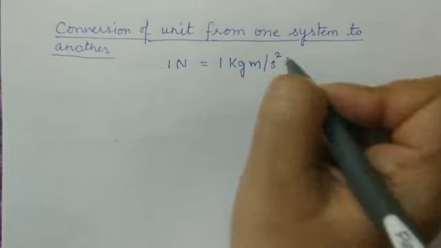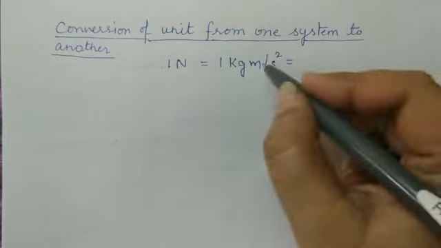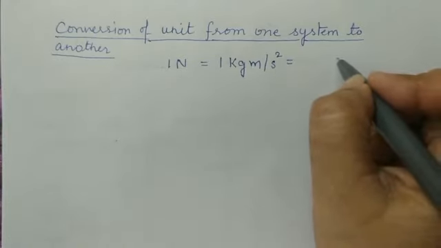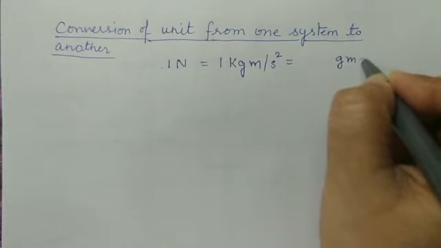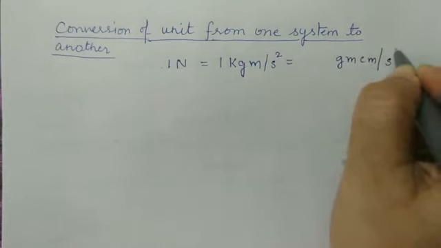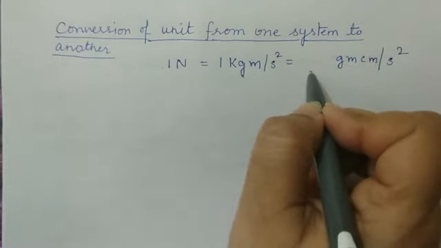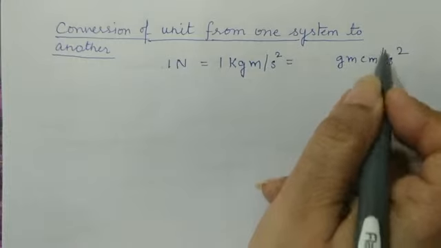If it is to be converted into CGS system, then obviously the unit of force in CGS system is gram centimeter per second square. Now I have to see 1 kilogram meter per second square is equal to how many gram centimeter per second square.